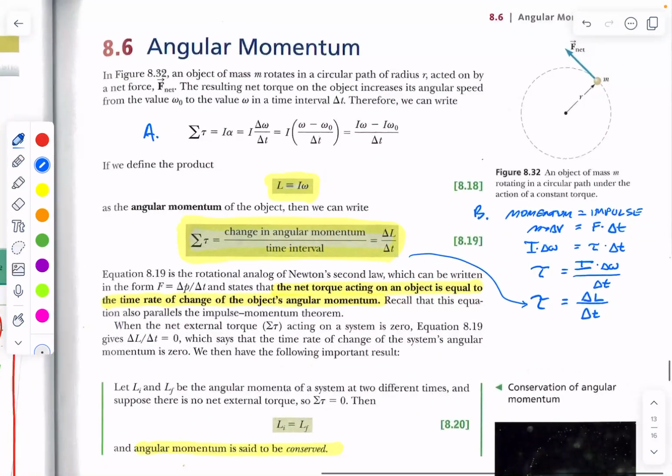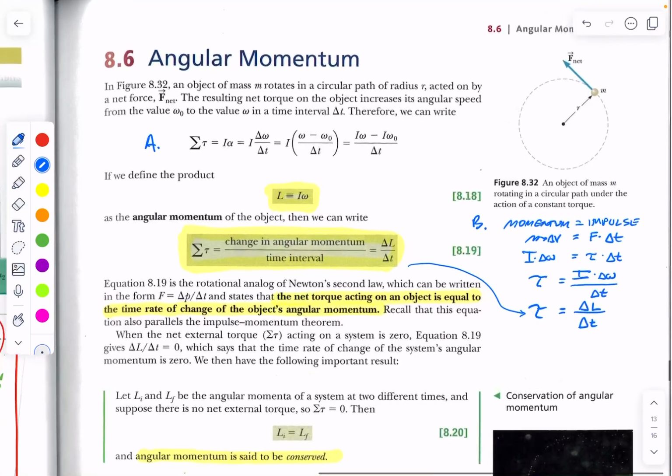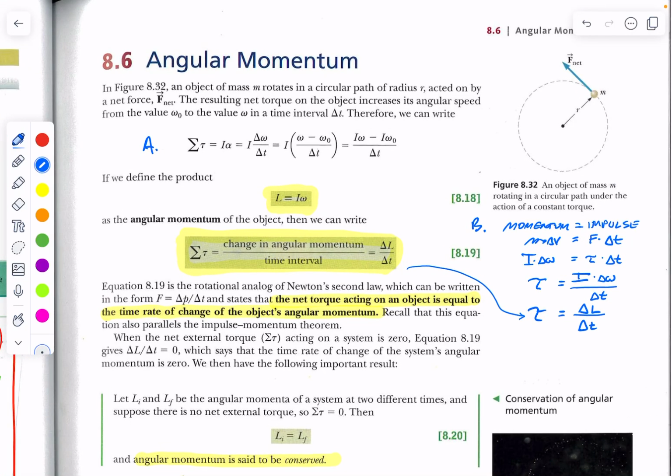All right, let's talk about the other part of the end of the chapter called angular momentum. And the best example of angular momentum being conserved, because momentum is conserved, regardless of whether it's linear or angular, would be an ice skater.